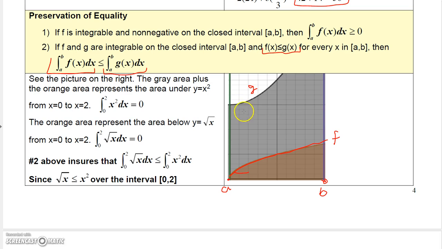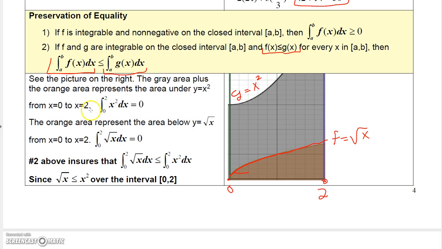And if you think about it, it makes sense, because let's give these real numbers. If this was 0 to 2, and let's say that this function is square root of x, and this function up here, g of x, is equal to x squared. Okay, well, square root of x is always less than x squared from 0 to 2.